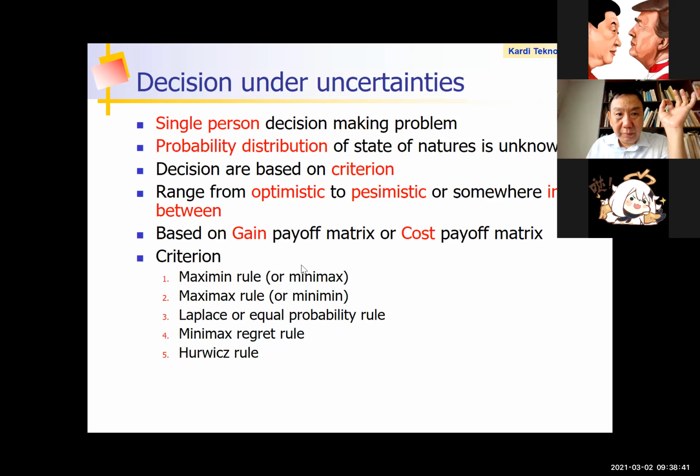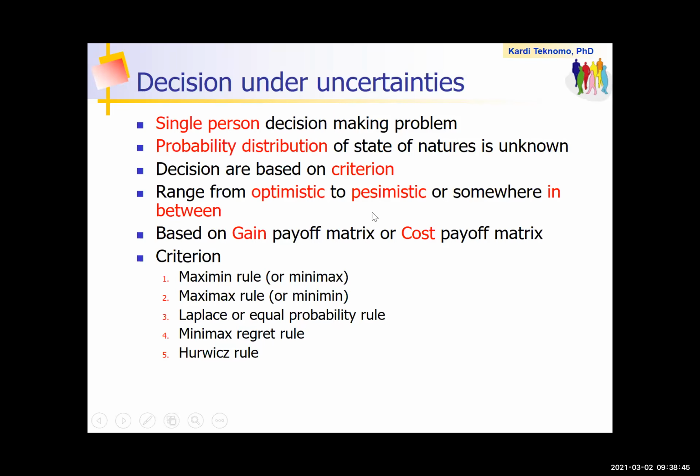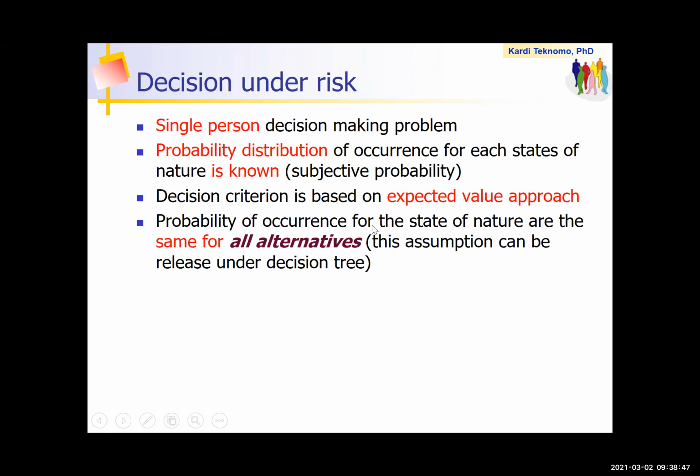Okay, so next is today's topic, decision under risk. Again, this is still a single person decision-making problem. When you have more than one person, that is in the domain of game theory.